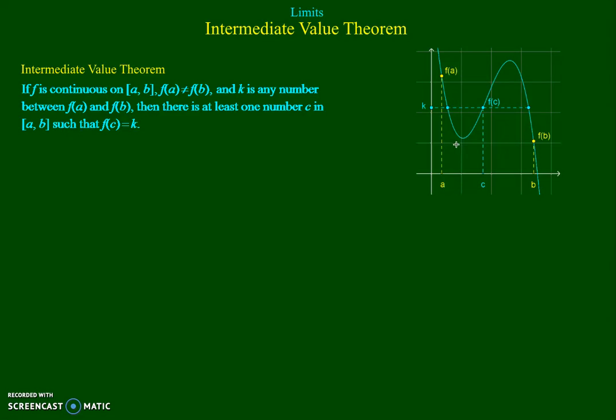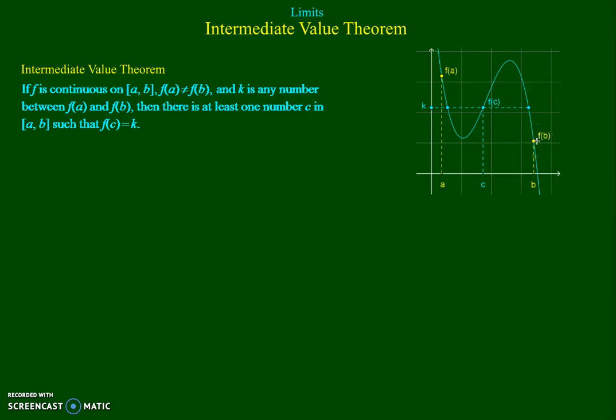This theorem is also known as the Cornstalk theorem, and what it says is if on a closed interval from a to b, a function takes on all the values between f of a and f of b, and f of a doesn't equal f of b, then there has to be at least one number c between a and b such that f of c is equal to that value k, and k is between f of a and f of b.